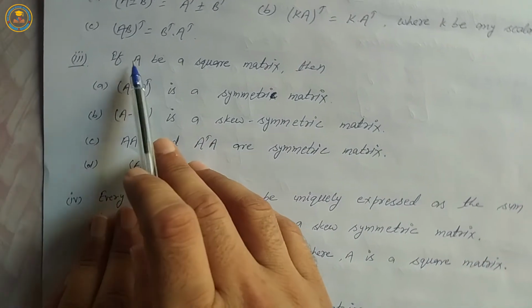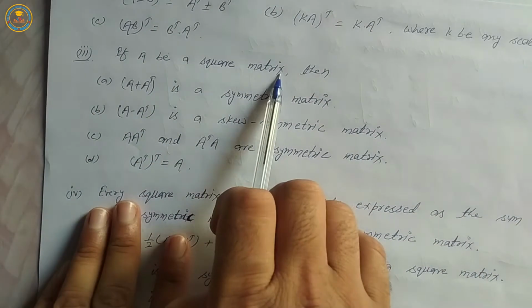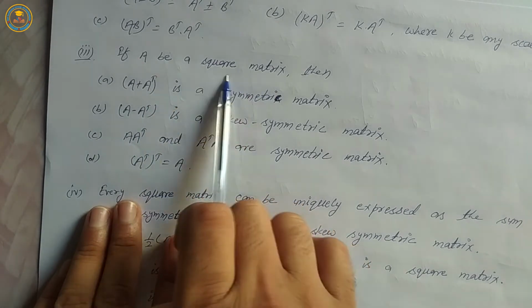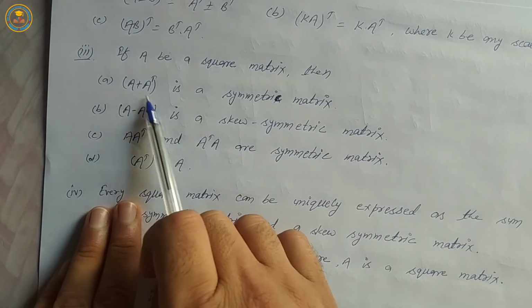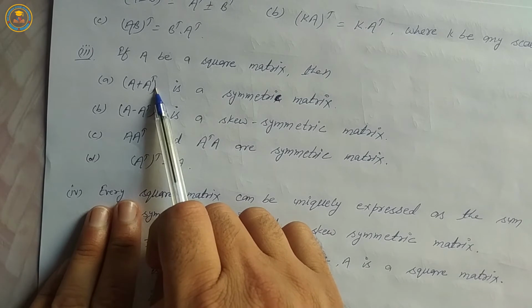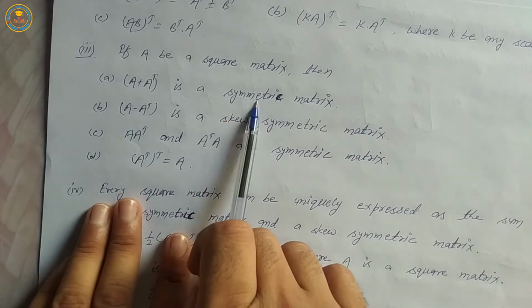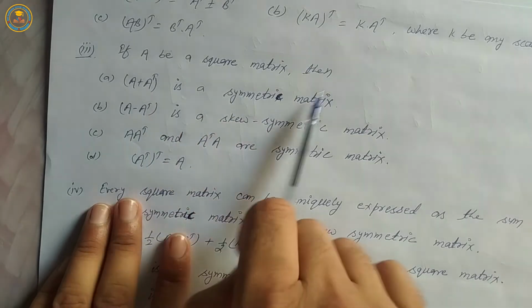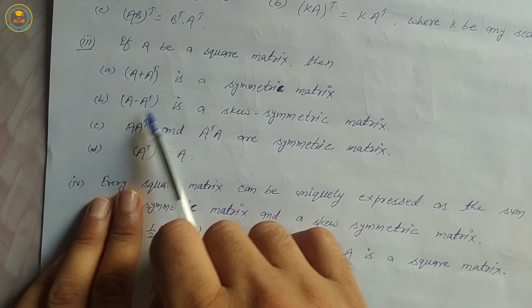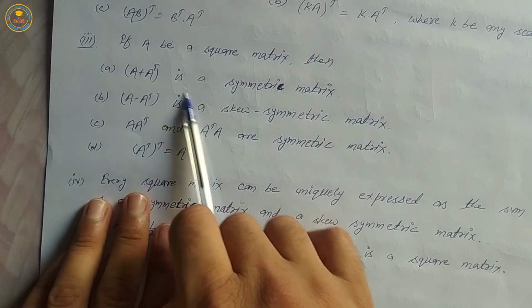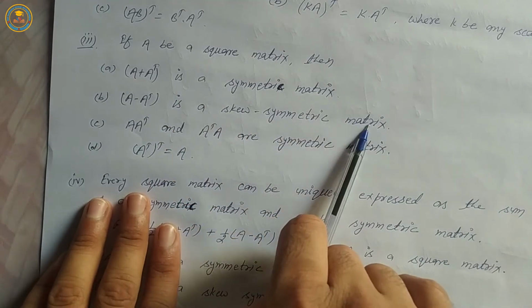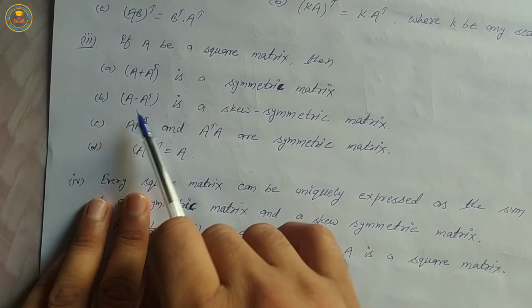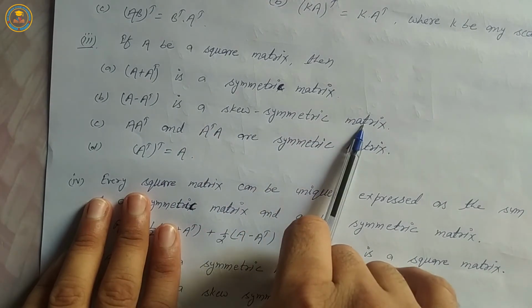Third point: if A is a square matrix, then A plus A^T is a symmetric matrix, and A minus A^T is a skew symmetric matrix. That is, plus gives a symmetric matrix and minus gives a skew symmetric matrix.